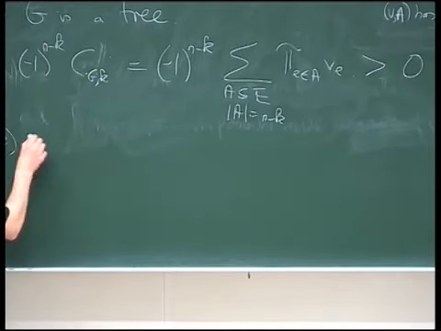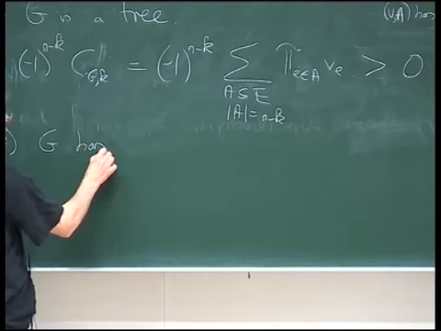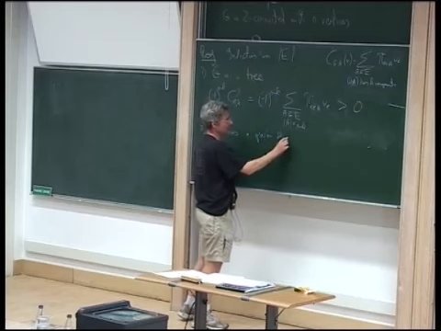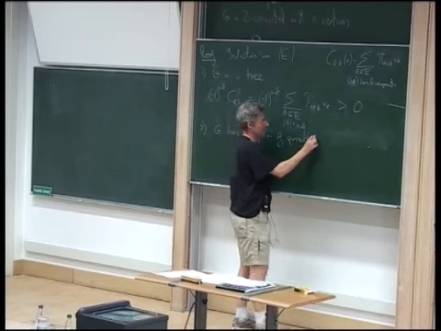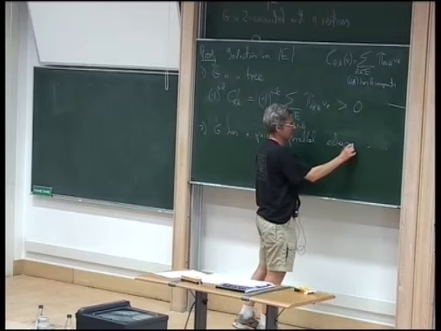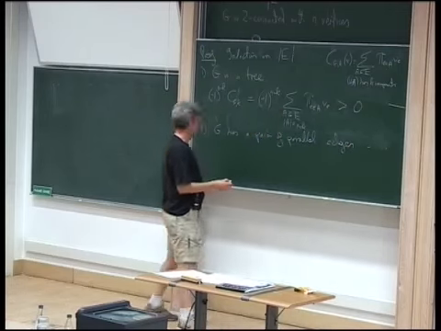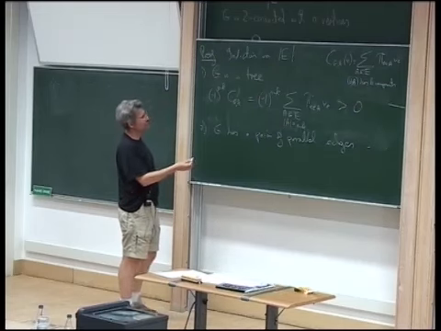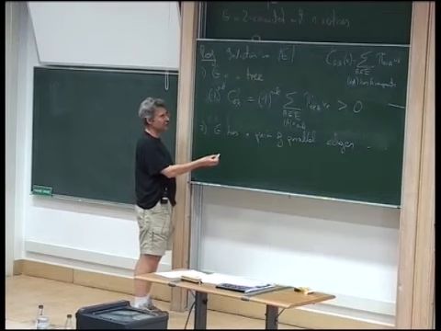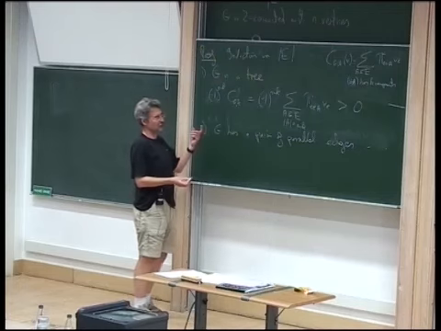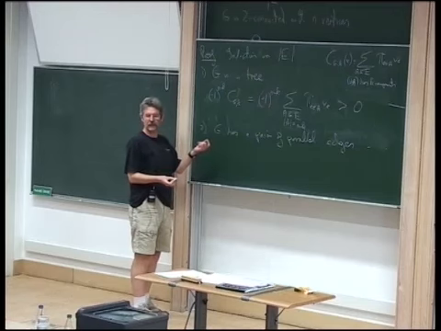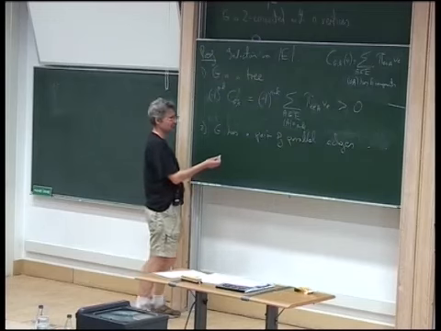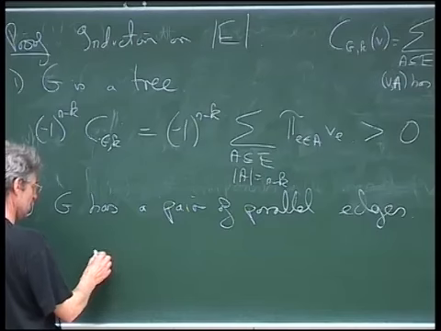So the second case is G has a pair of parallel edges. If we have parallel edges, then there is a lemma for reducing two parallel edges to one single edge. So we know what effect that has on the multivariate Tutte polynomial.